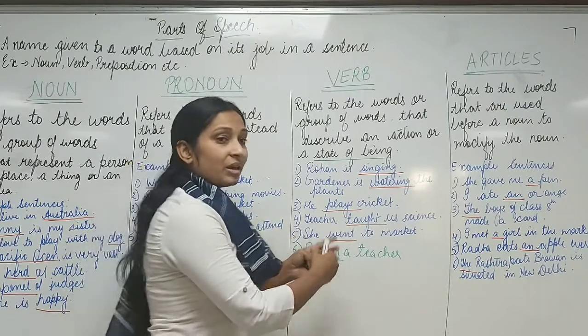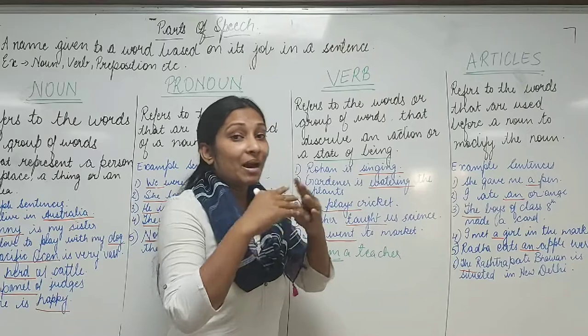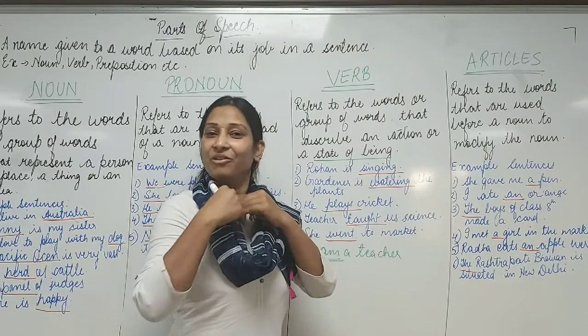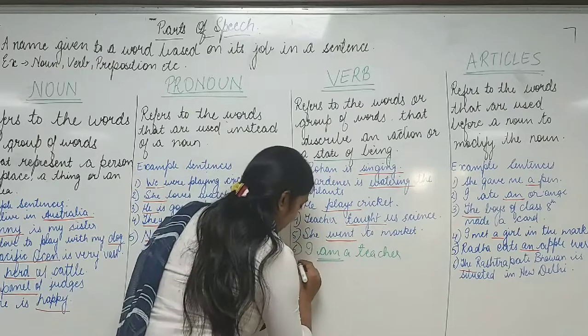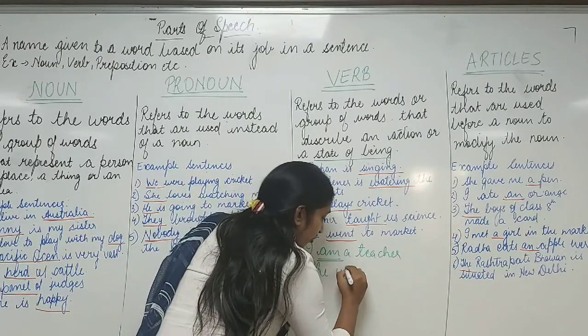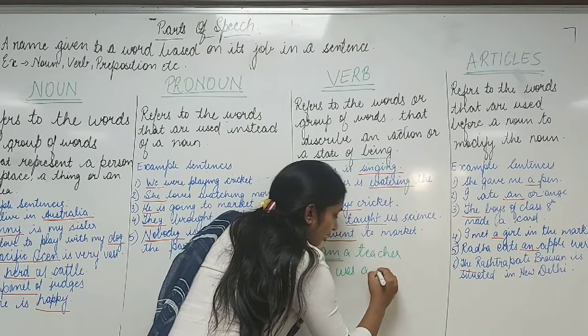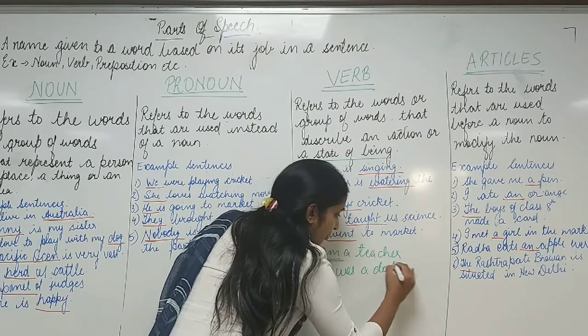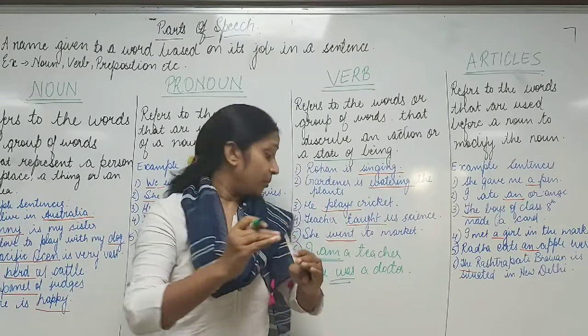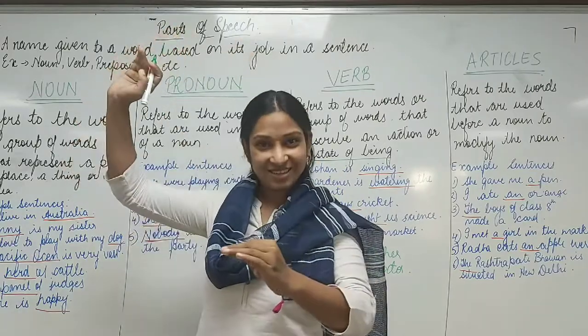It is not denoting any action being done, but it is denoting what am I? My state of being. She was a doctor. Was here is denoting her being in the past.